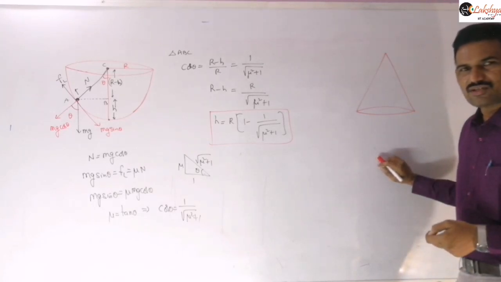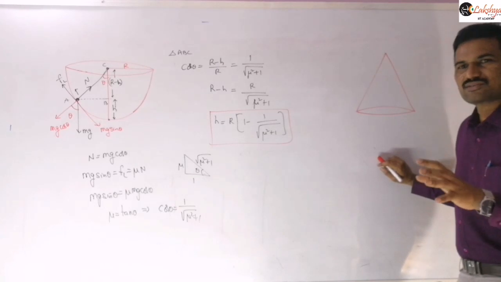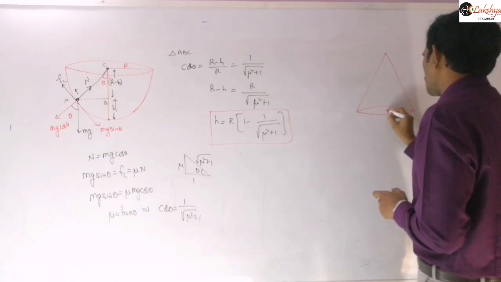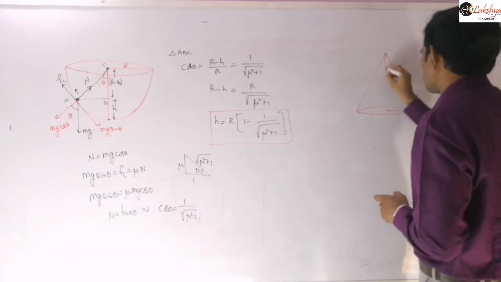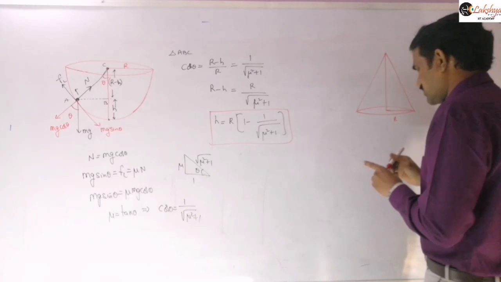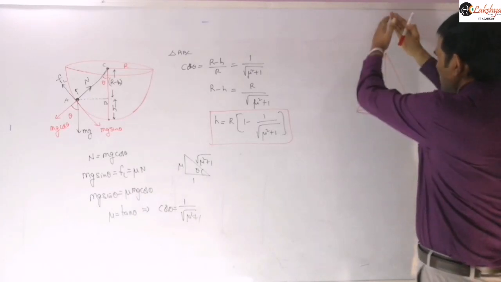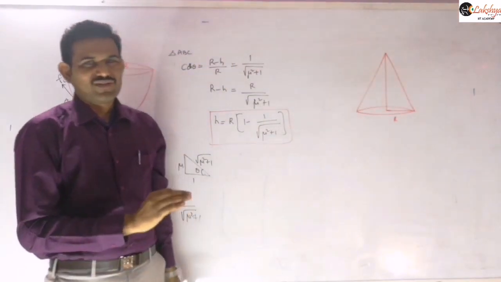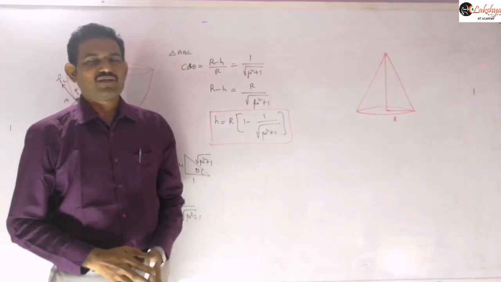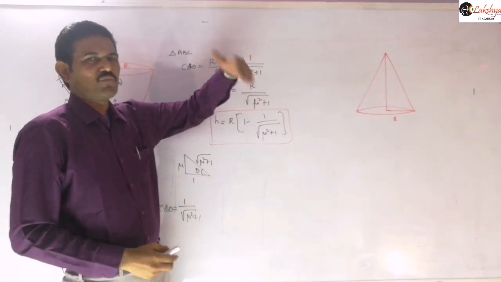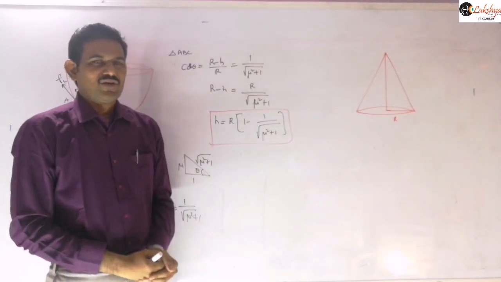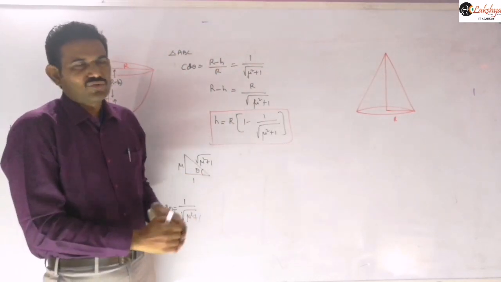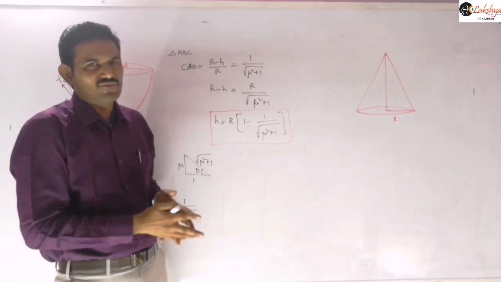Is it possible generally? Now suppose this is the height of this cone here, and this is the base radius here. If this radius is kept constant, can we increase this height of the cone further? Is it possible? It is not possible beyond a certain height, right? We can increase up to a certain height, and beyond that it is not possible there. Why? Because the sand will start slipping down here.